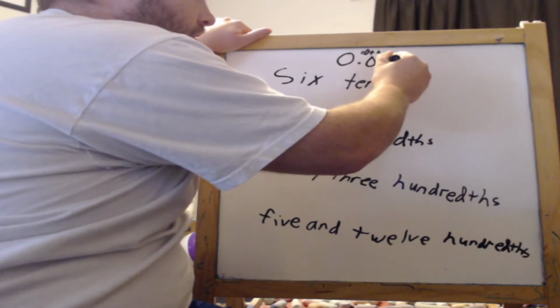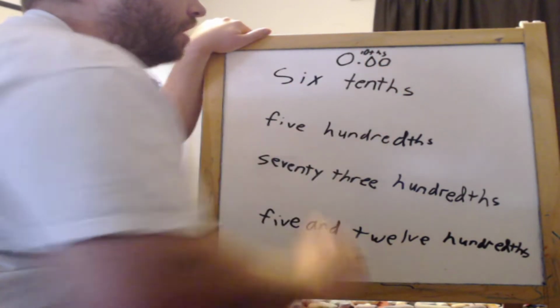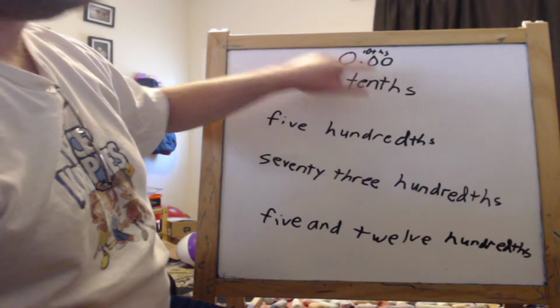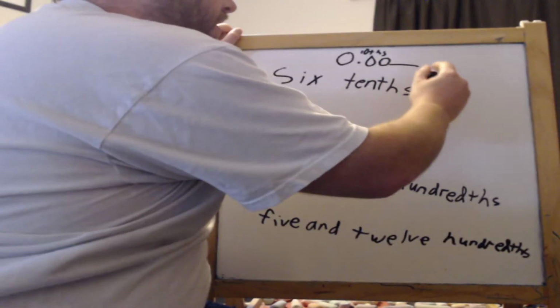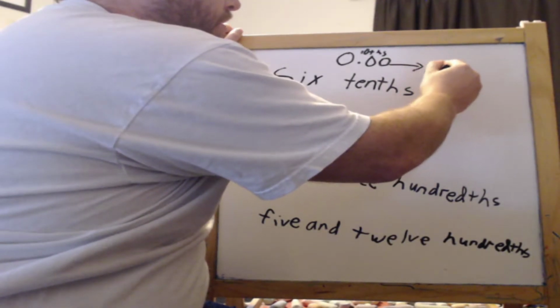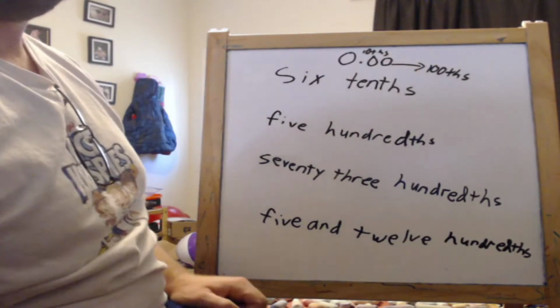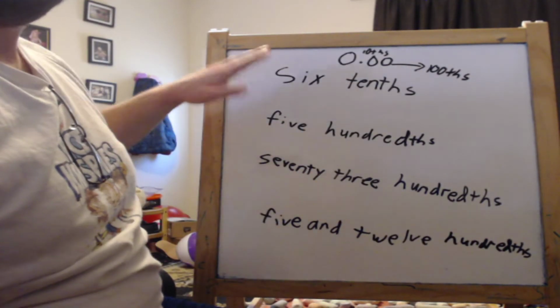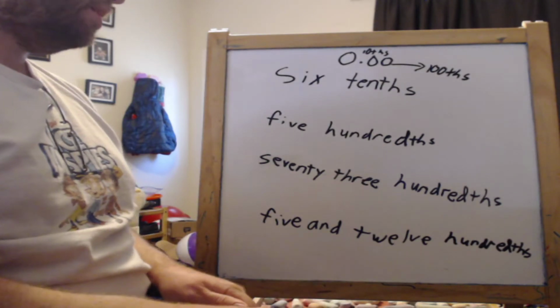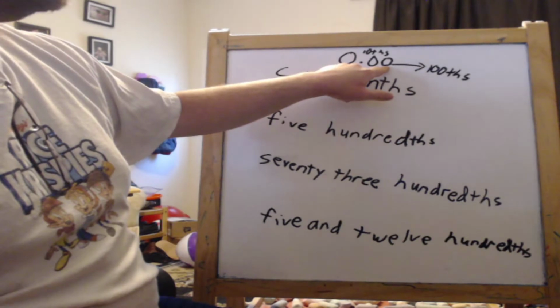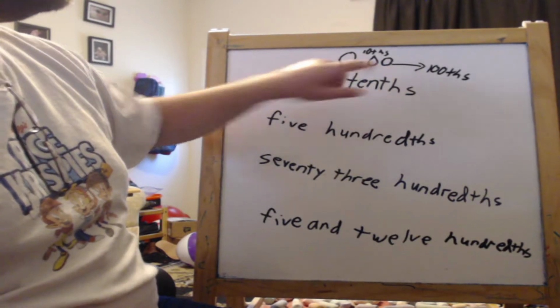So the first number after the decimal is tenths. This one is hundredths. And then the third one would be thousandths, but we're not getting into that right now. So this is in the hundredths place, this is in the tenths place.